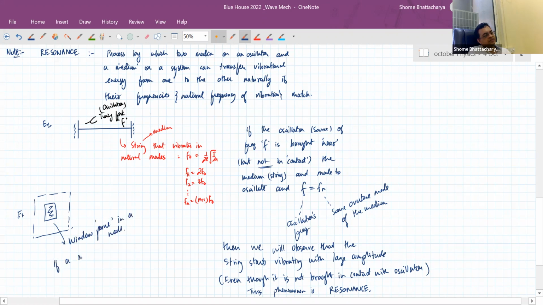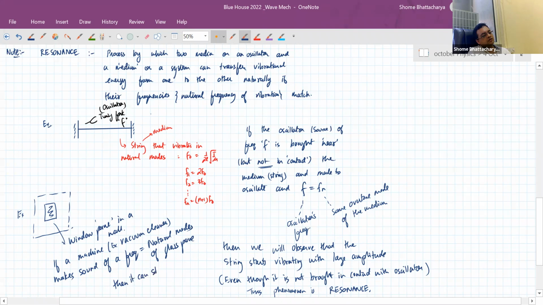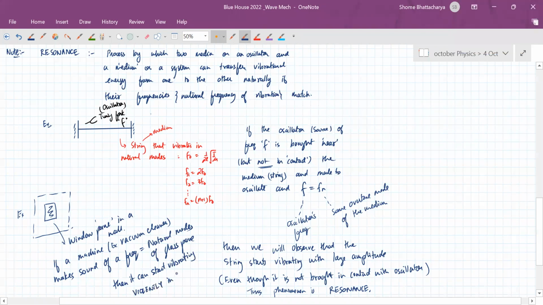If a machine, for example a vacuum cleaner, makes sound of a frequency equal to one of the natural modes of the glass pane, then it can start vibrating rather violently in resonance.